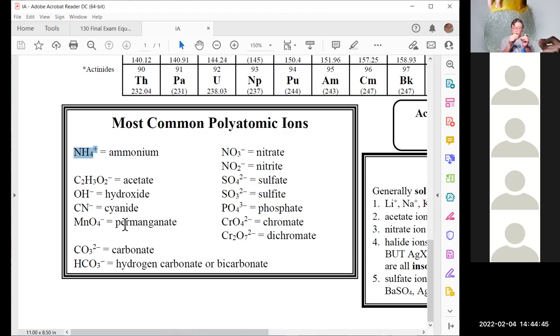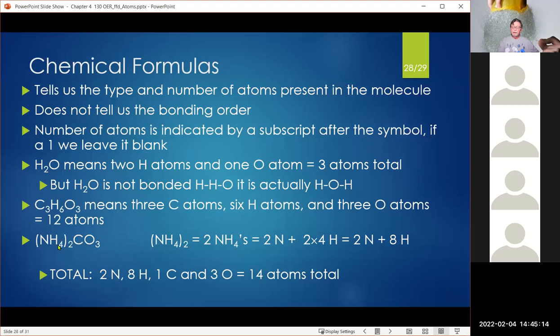That NH4 positive has a name called the ammonium ion. The C2H3O2 negative is called the acetate, so on and so forth. Note the majority of ions that we utilize have a negative charge compared to one positive up here that we use, ammonium. Okay, so there are 2 ammonium polyatomic ions in this compound.